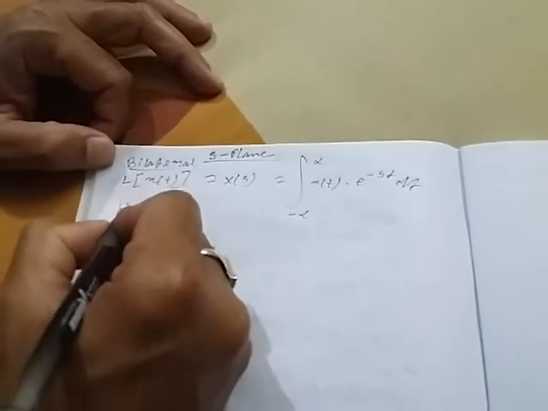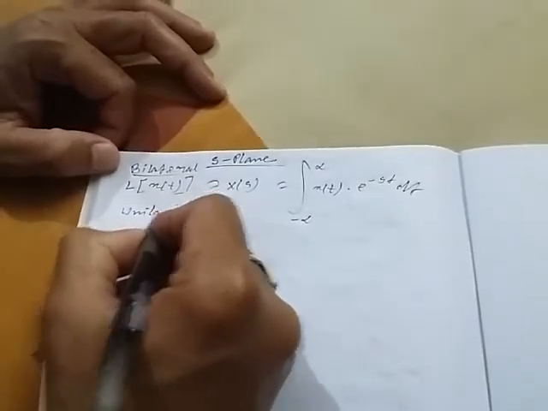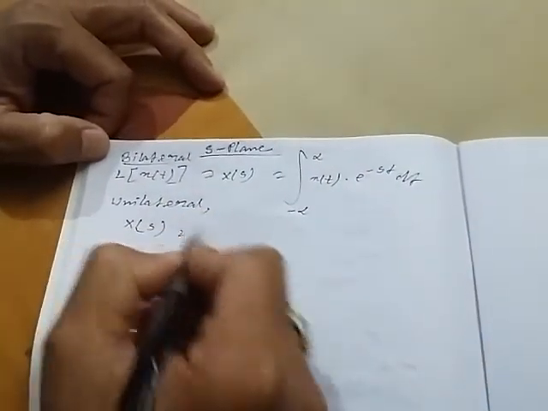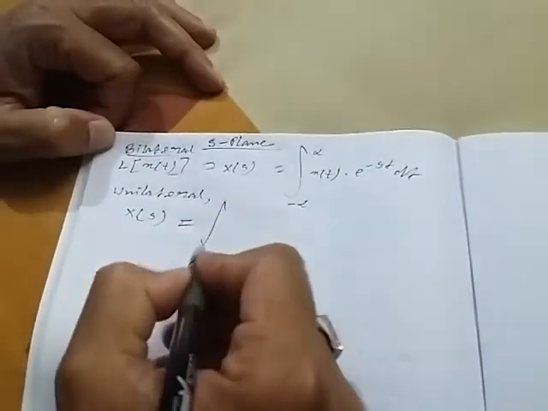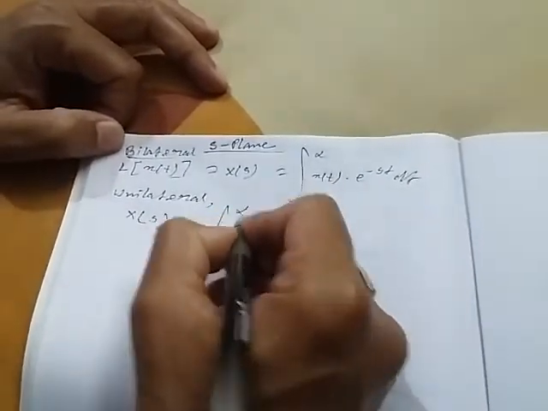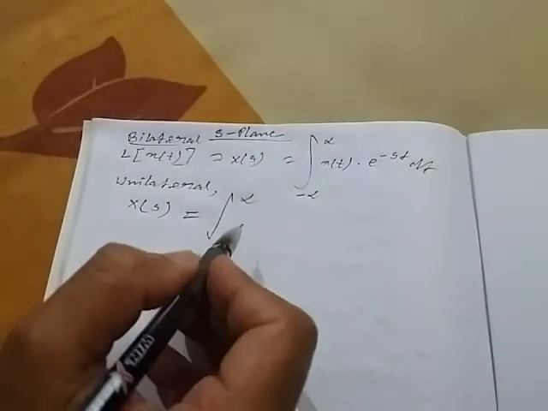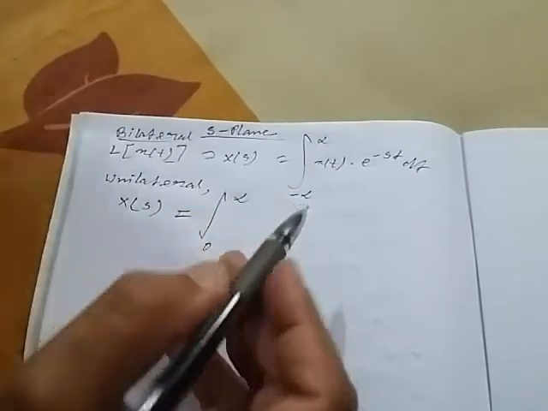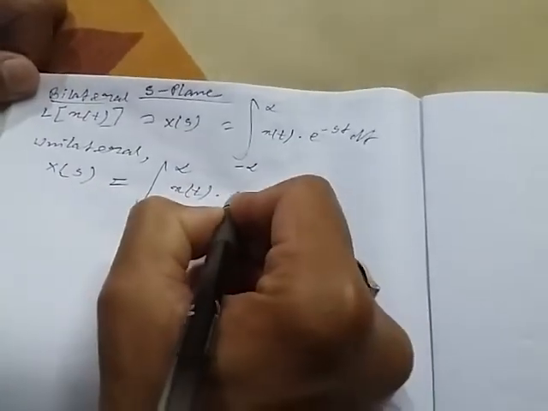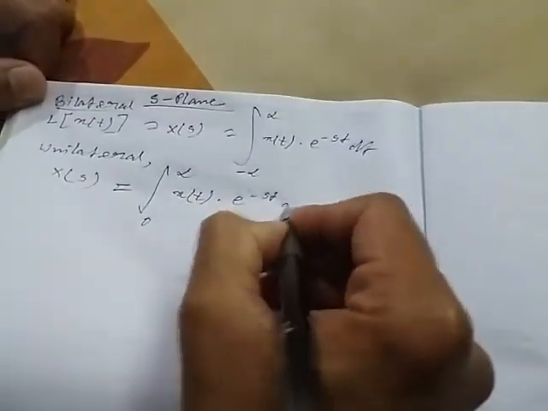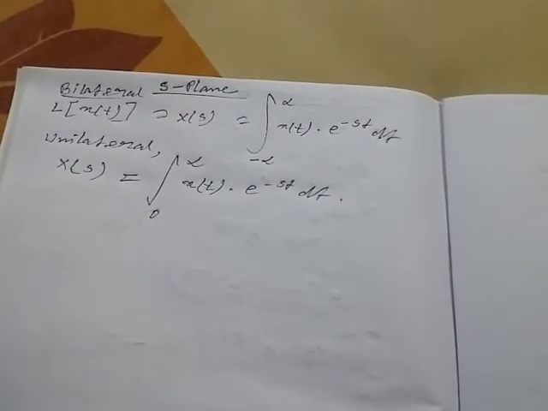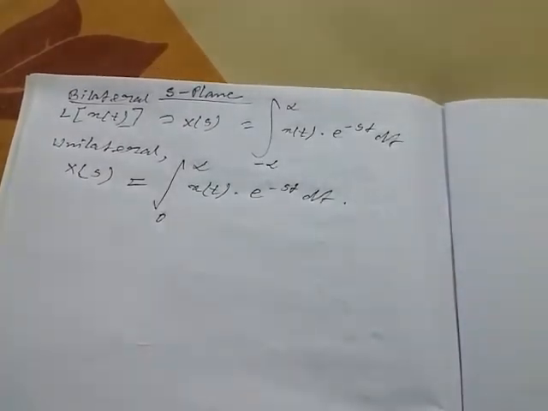And in case of unilateral Laplace transform, the formula is X(s) equal to the integration from 0 to infinity, not from minus infinity to infinity, of x(t) into e to the power minus st dt. So this is the unilateral Laplace transform. It is valid only for causal signals, when x(t) is causal.